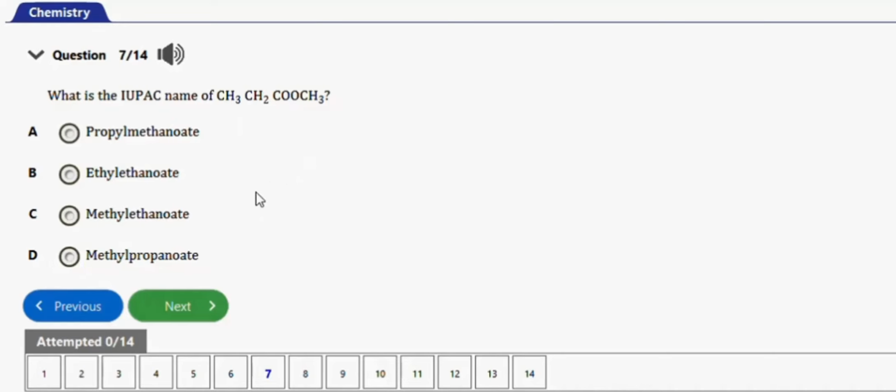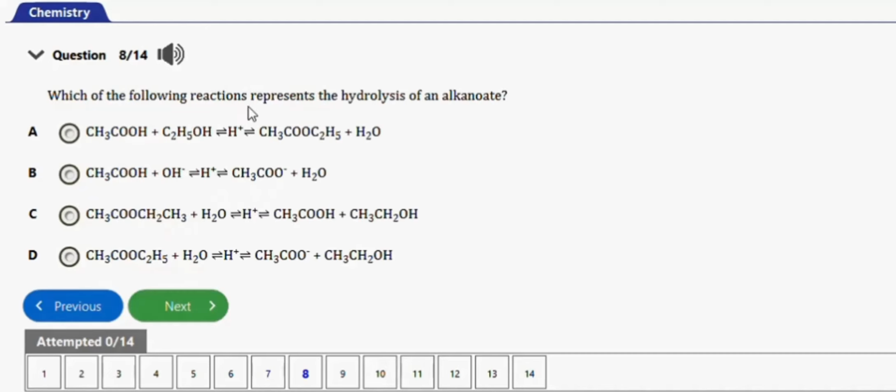Alright, so the next question says, which of the following reactions represent the hydrolysis of an alkanoate? So the one that represents the hydrolysis of an alkanoate is the one that involves water. So water is reacting with, let's check guys, so it won't be option A, because we are dealing with hydrolysis, right, so water has to be involved.